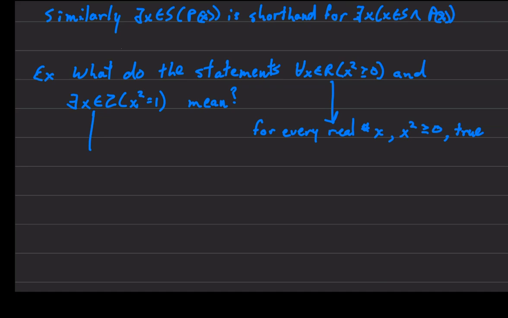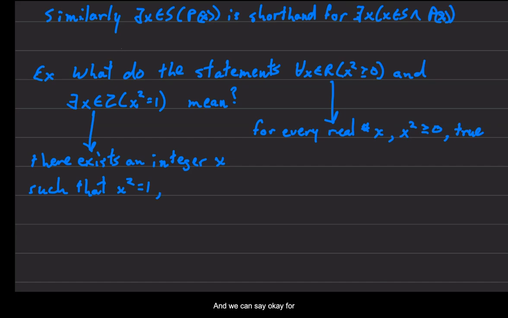And this one means there exists an integer x such that x squared is equal to 1.